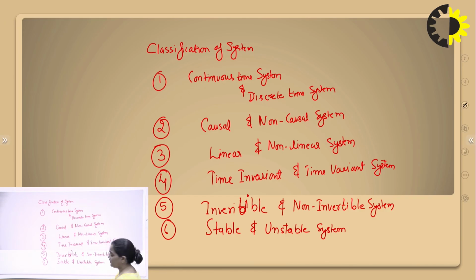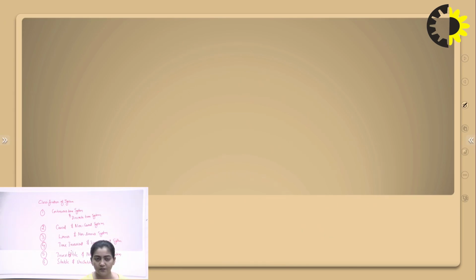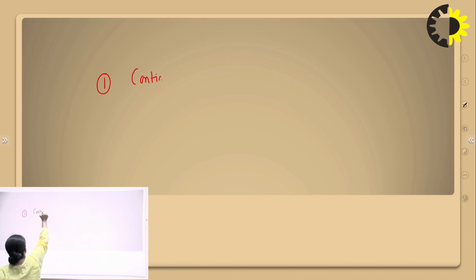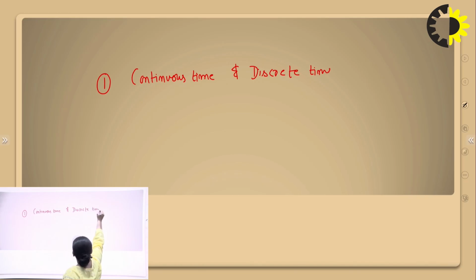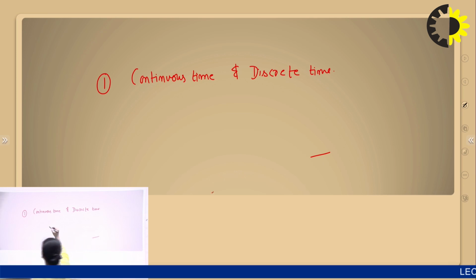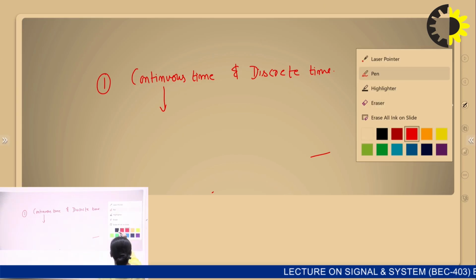Let's move to the next part: first, the classification of continuous time and discrete time systems.